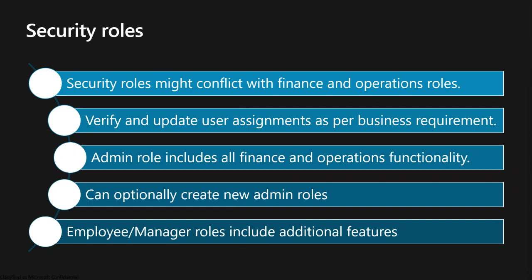So with that, a few recommendations and tips for you. One is to verify and update your user assignments per your business requirements. If it doesn't make sense for your HR admins to have full system administration to all the F&O and SCM and finance and everything else in your environment, you may want to consider making a new admin role that you assign to those users that only includes the human resources functionality.